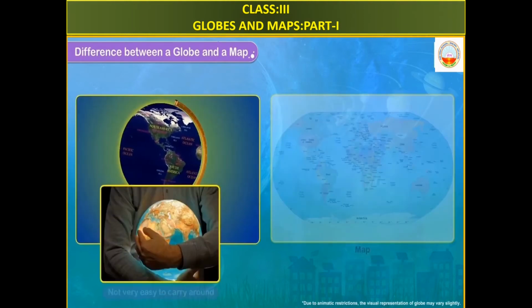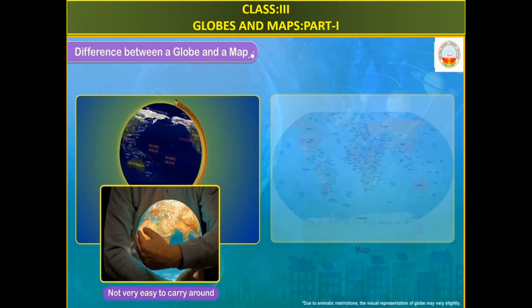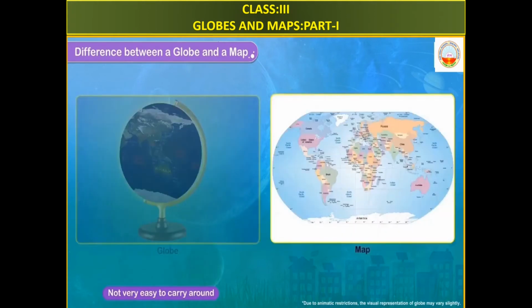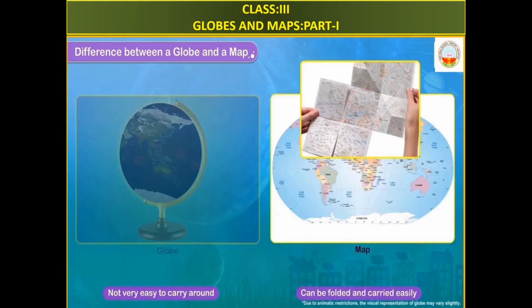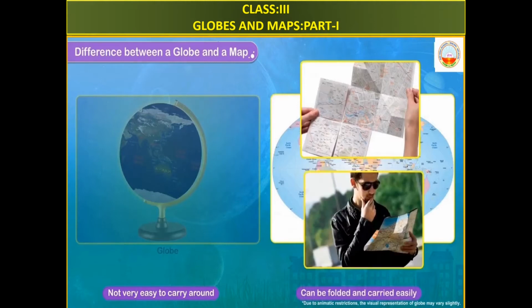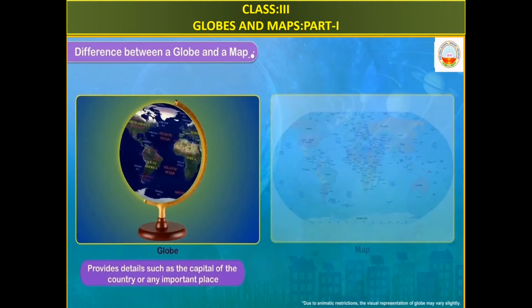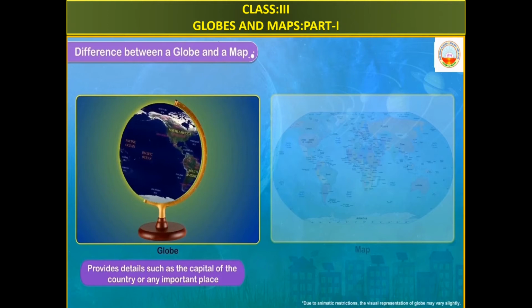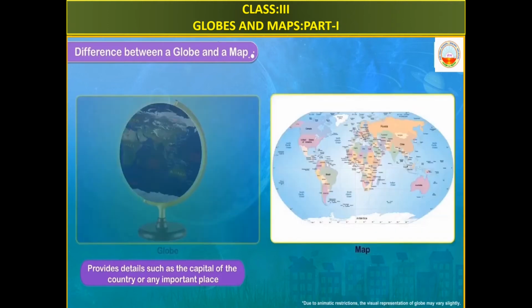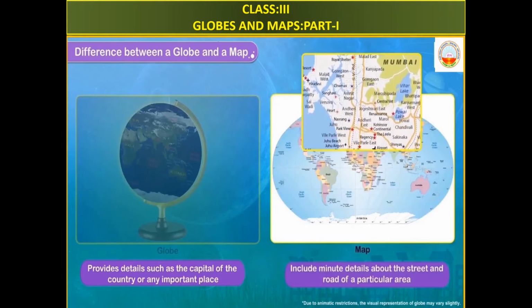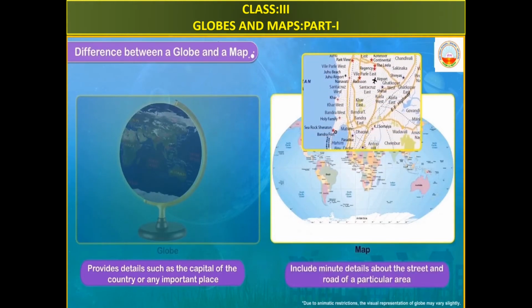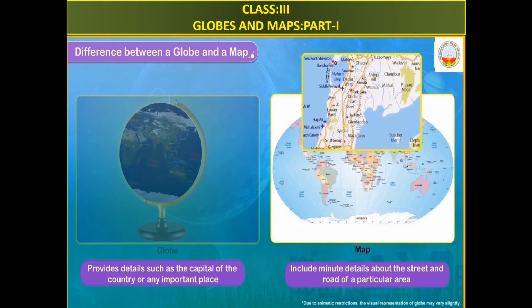Globe is not very easy to carry around. Map can be folded and carried easily. Globe provides details such as the capital of the country or any important place. Maps include minute details about the streets and roads of a particular area.